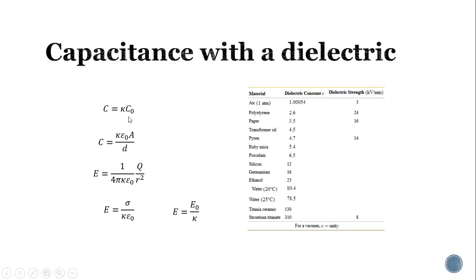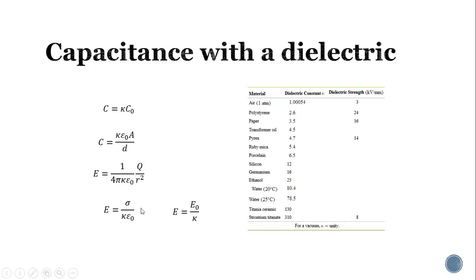The way we define this dielectric constant is if you had a capacitor without the dielectric, C0, the capacitance with the dielectric is kappa times C0. It's basically the ratio by which you increase the capacitance by adding the dielectric. So if we rearranged our capacitance formula, it would look like this here. If we looked at the electric field of an isolated particle inside of a dielectric, it would actually be this electric field.